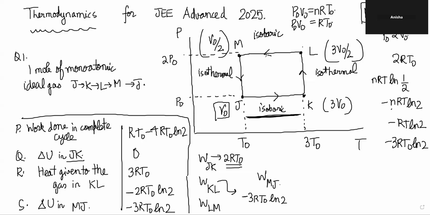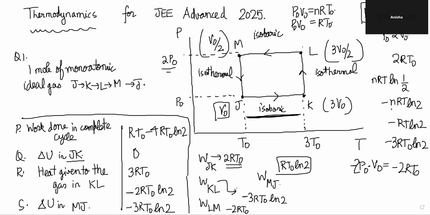L to M, it's minus 2 RT naught. So the change in volume is V naught, right? Yeah, 3 V naught by 2 to this, and pressure was actually 2 P naught, right? Yes, sir. So it is minus 2 RT naught. Okay. And what is the work done in MJ? RT naught ln 2.